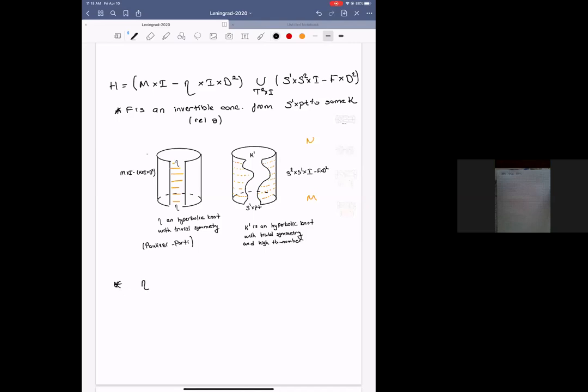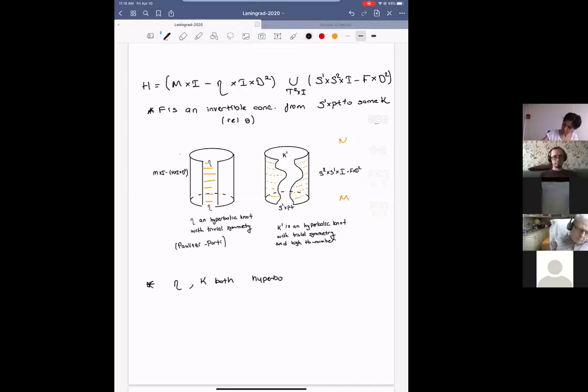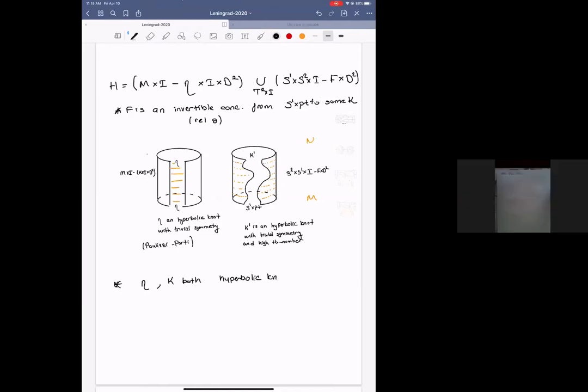Both eta and K are hyperbolic knots with trivial symmetry. And to keep the sign property, you want K to have high Thurston-Bennequin number.